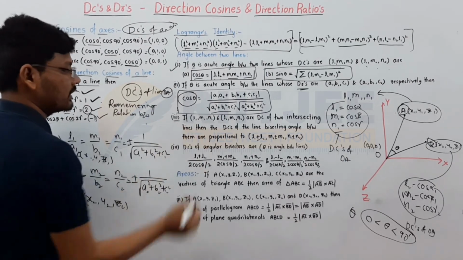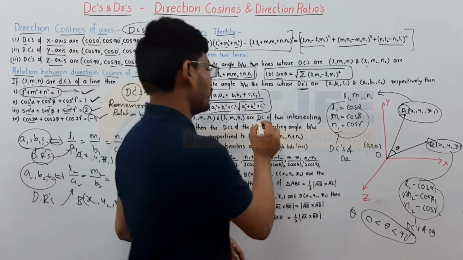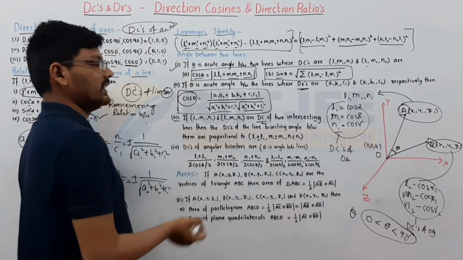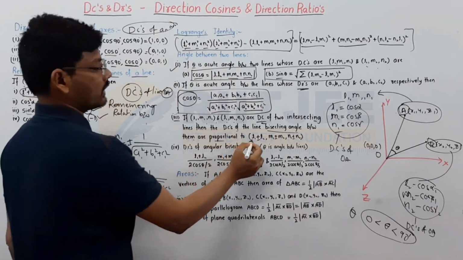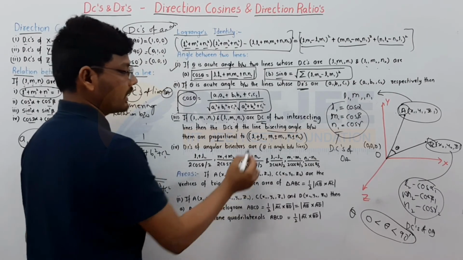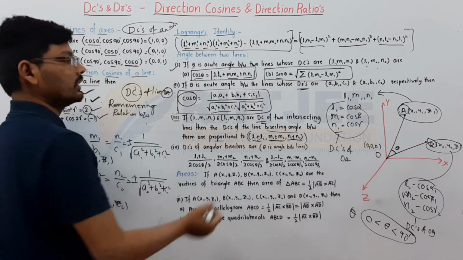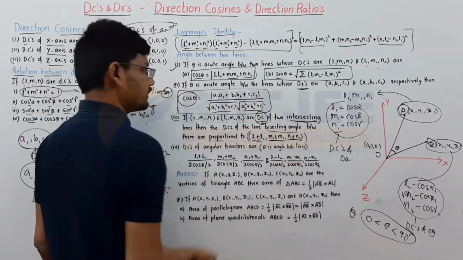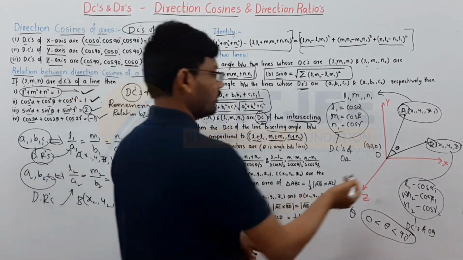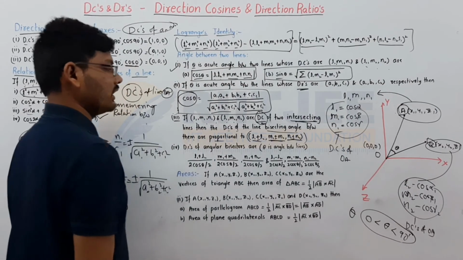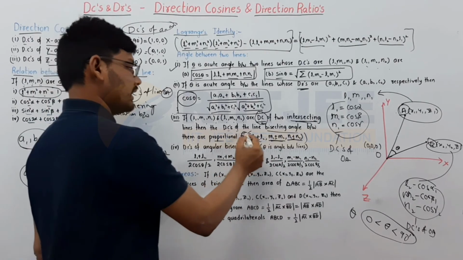And the third point is, if l1, m1, n1 and l2, m2, n2 are DCs of two intersecting lines, then the DCs of the bisecting angle between them are proportional to this condition: l1 plus or minus l2, m1 plus or minus m2, and n1 plus or minus n2.